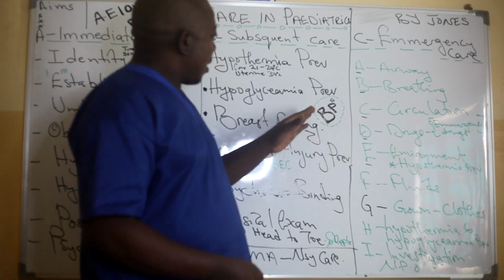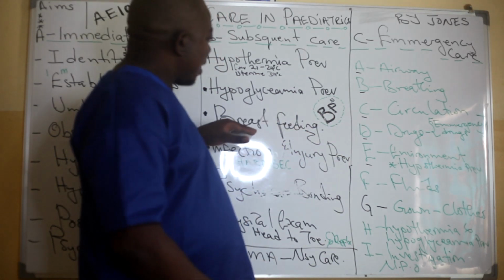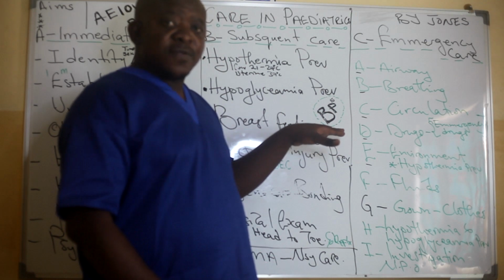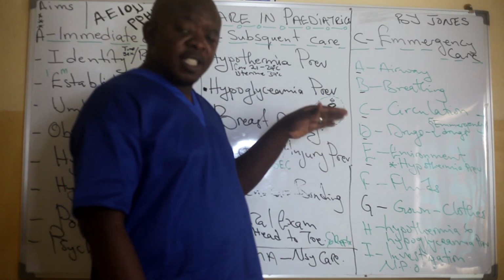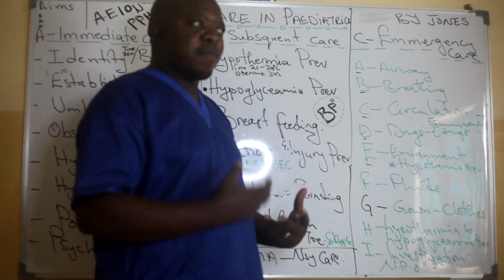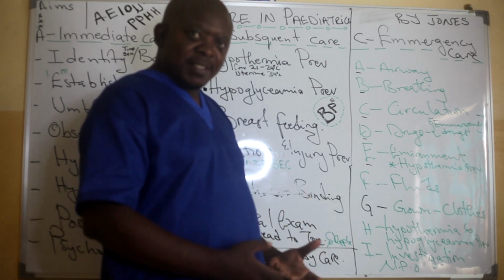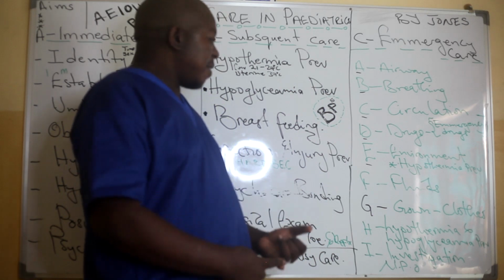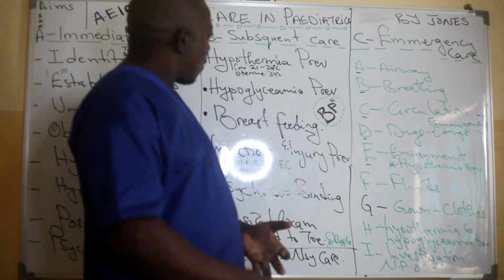So here we are looking at breastfeeding. You have to follow the steps of breastfeeding. You have to teach the mother how to breastfeed, how to properly position the baby when you are breastfeeding. All these things are very important to ensure that the baby is well fed.